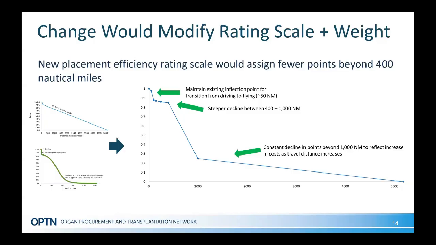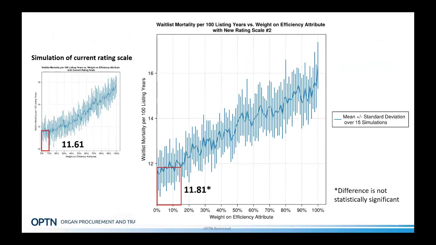Now, I don't have time to go into all of the details of all the analyses that we did, but I'd like to give you an example of what this looks like. This is a graph that shows the relationship between the number of points in placement efficiency and how it relates to waitlist mortality for our patients.